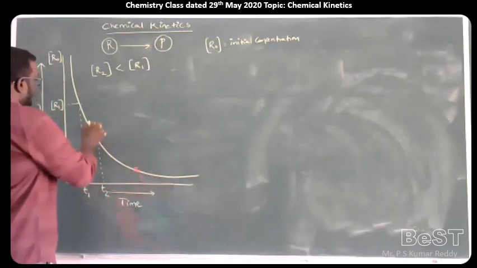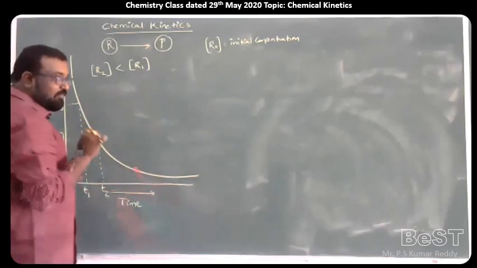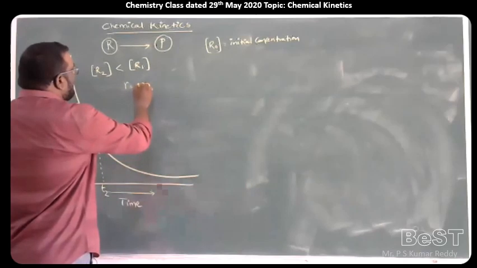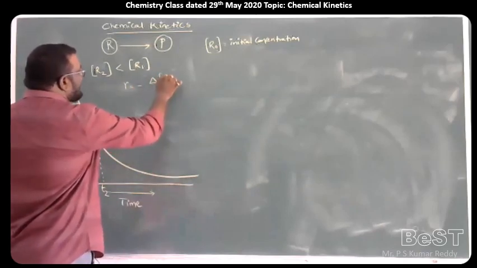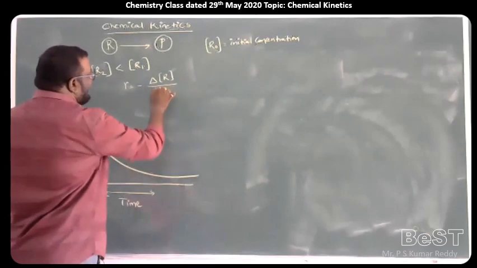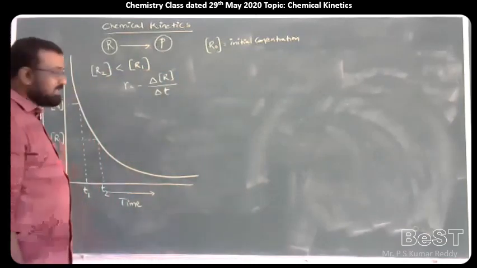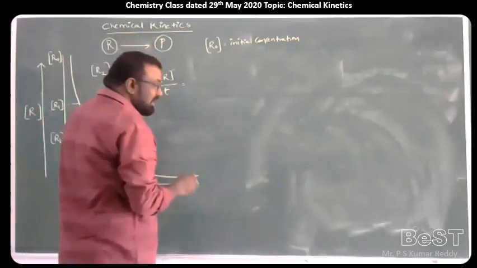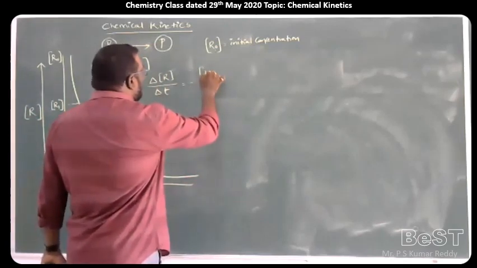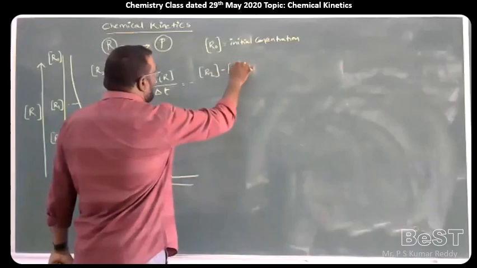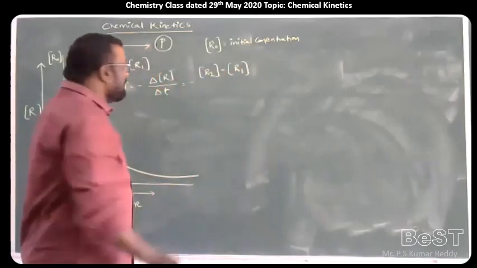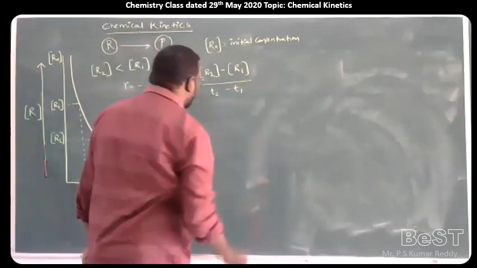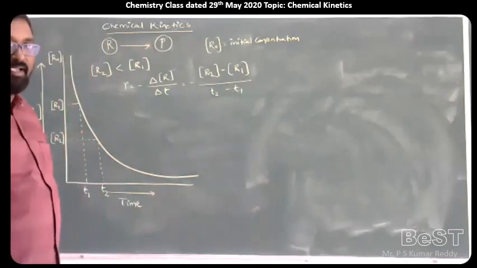Now, if I want to calculate the rate of reaction, the formula is: rate of reaction is equal to minus change in concentration of the reactants by time taken, which is equal to minus R2 minus R1 by T2 minus T1.